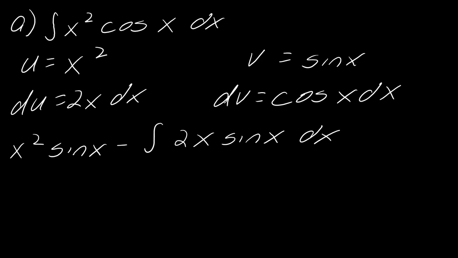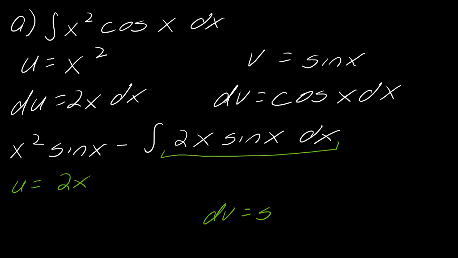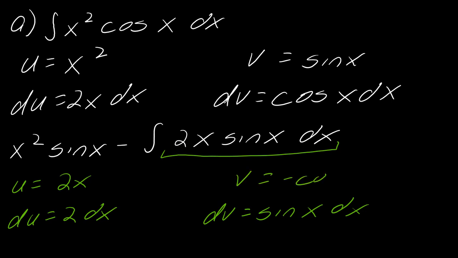I'll highlight this in green so that you can track where I'm going with this. Now I've got to choose a new u and a new dv. In this case, my u is going to be 2x, and my dv is going to be sine x dx. Therefore, my du is 2 dx, and my v is negative cosine of x. Now I need to make some space.